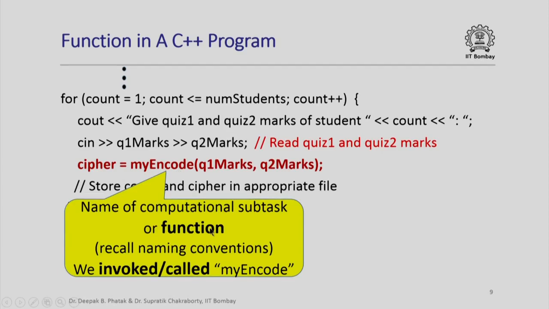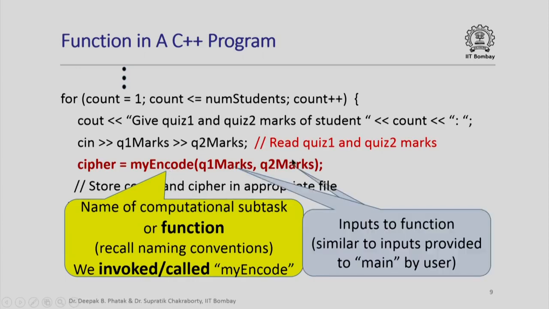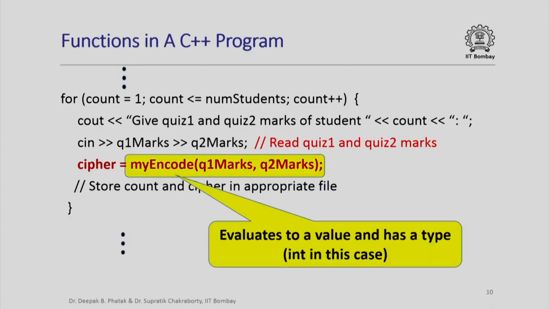Such computational subtasks are also called functions, and if you recall our earlier lecture on naming conventions, the same naming conventions as for variables apply also to names of functions. When we call such a function to do a computational subtask, we say that we have invoked or called the appropriate function, in this case myencode. q1 marks, q2 marks are inputs to this function, just like we provide inputs to the main function to compute some result, and every function evaluates to a value and has a type.